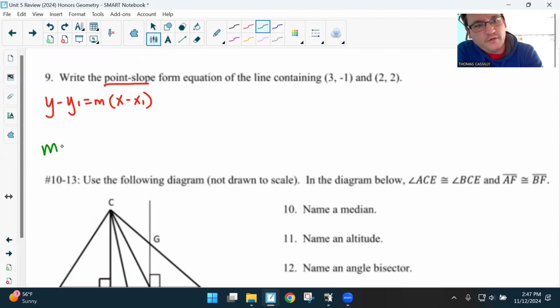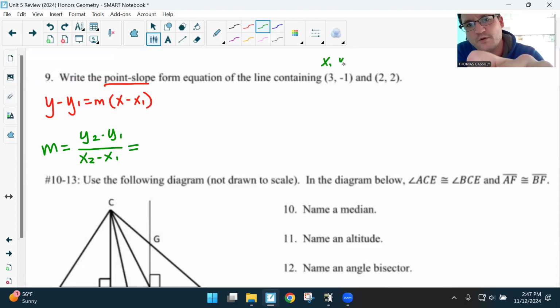All right, so because again, the slope, write down all these formulas again, try to commit these to memory. Y2 minus y1. Yes, I'll give you the formulas on the test, all right, but it's a lot easier if you just remember them. I'm tired of writing them down. All right, so we have x1, y1, and we have x2, y2.